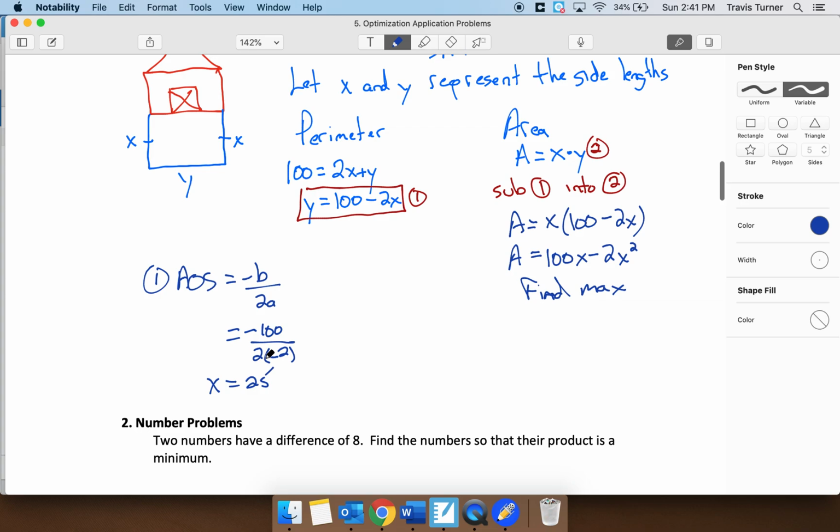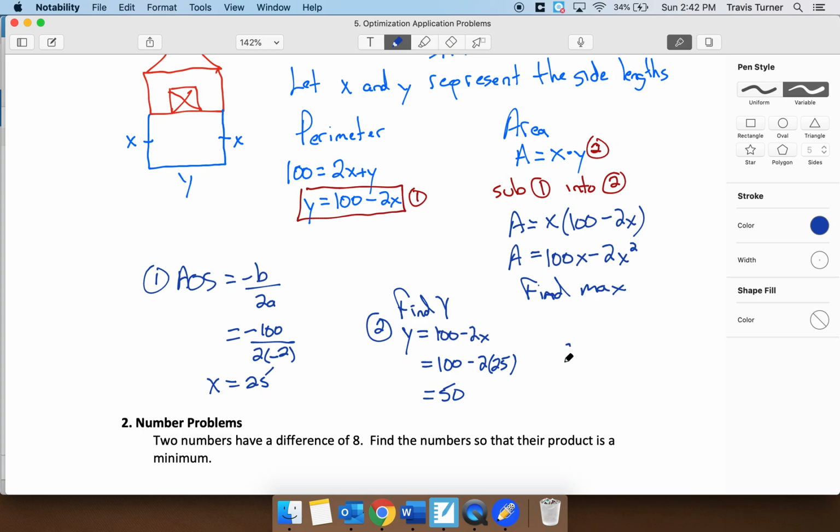And that represents, because I had x here, my x value for this dimension. So I already know that that's 25 feet. And the second part is to just figure out what y is. So we've got this equation here, y equals 100 minus 2x, which is 100 minus 2 times 25. 100 minus 50 becomes 50.